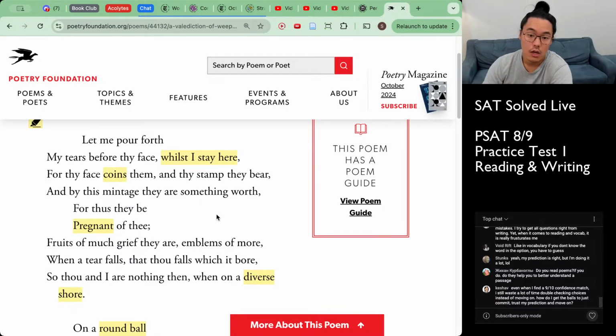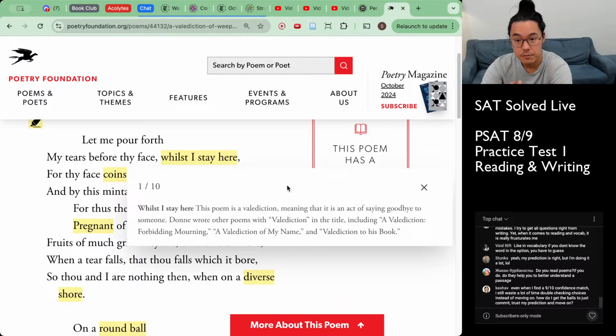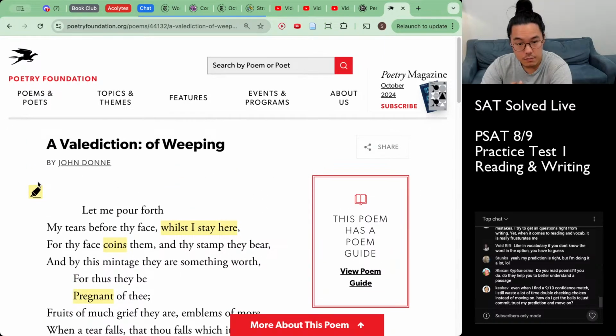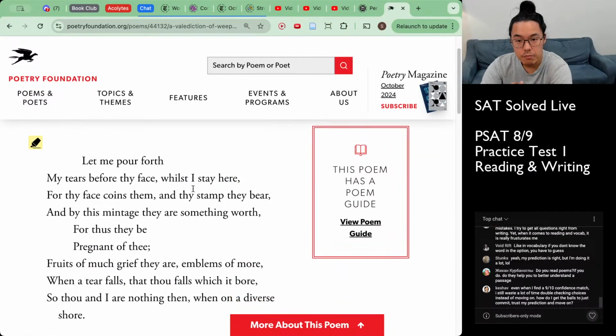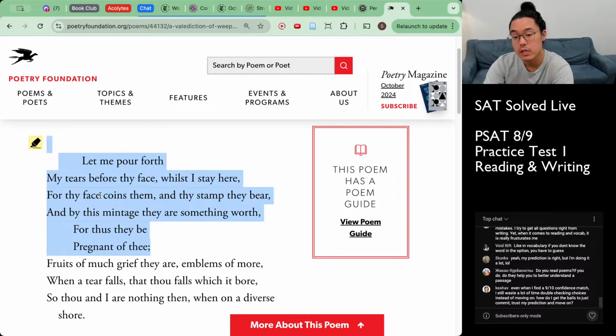Sometimes the vocabulary is just way out there, so you're going to need some footnotes. By the way, when you're reading this, it's actually good to turn off the footnotes. How do you turn this off? But there you go. Sometimes you're just going to need the footnotes. But if you can break down the grammatical structure of the sentence, you can understand this on your own.